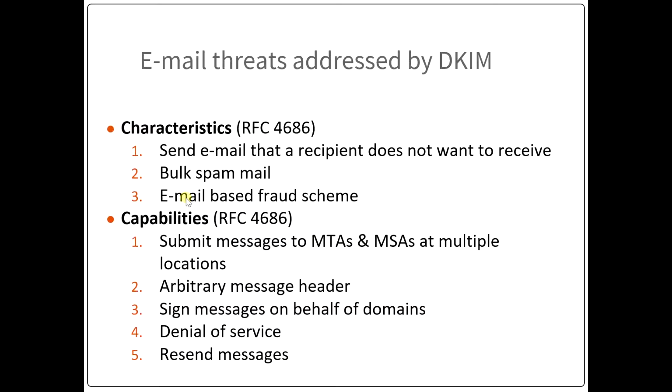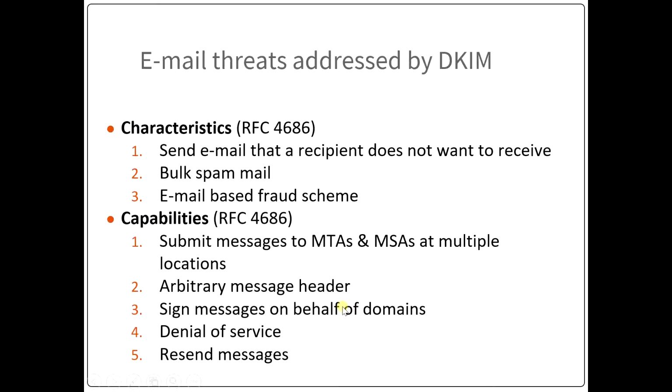Then we have the various capabilities that an attacker might have. As specified by RFC 4686, the first capability would be to submit messages to MTAs and message submission agents, MSAs, at multiple locations in the internet.